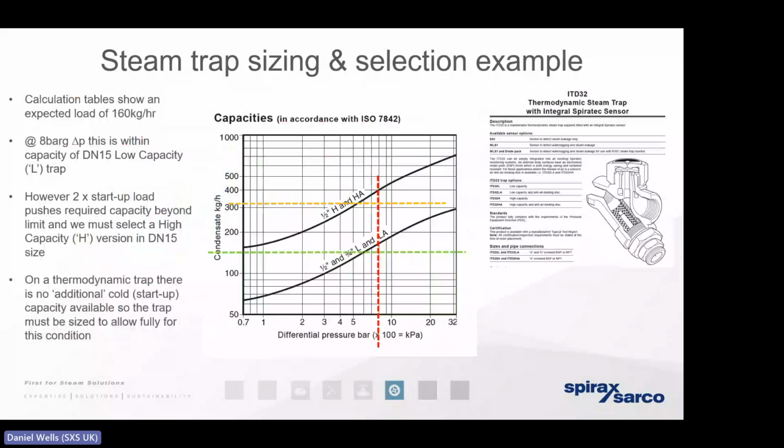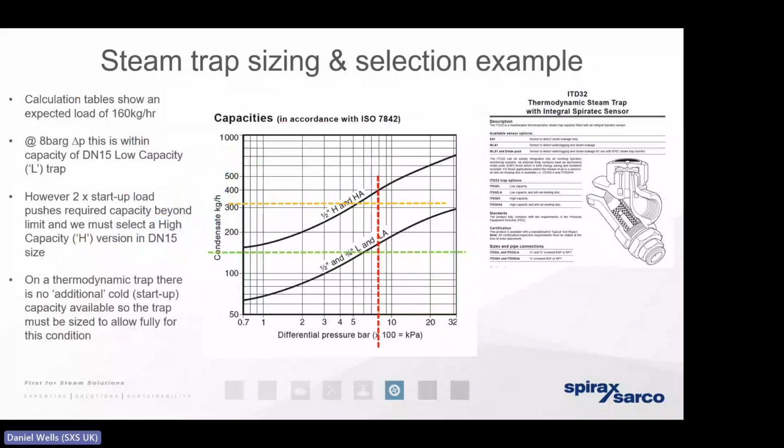If we only need to take care of the running load, then it tells us that the low capacity trap is acceptable. But if the trap needs to take care of the running load and the warming up load, then you can see by observing the mass demonstrated on the orange line, it means that we need to ensure that we've got a high capacity trap.